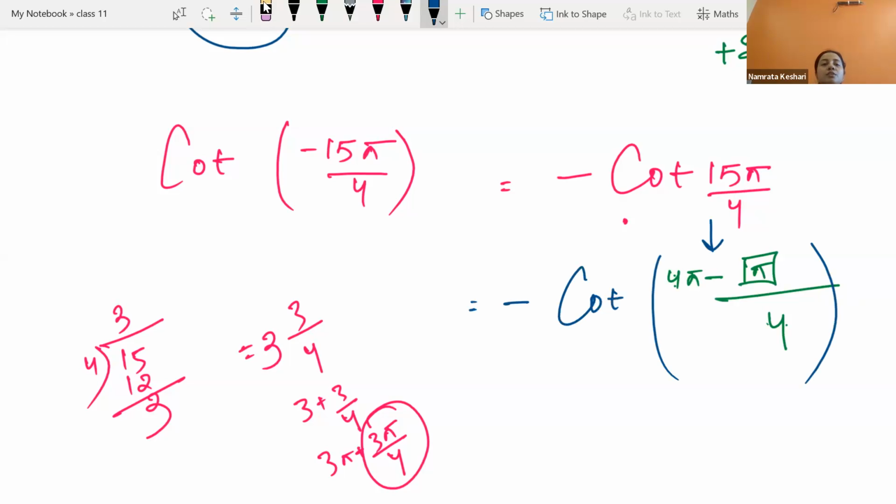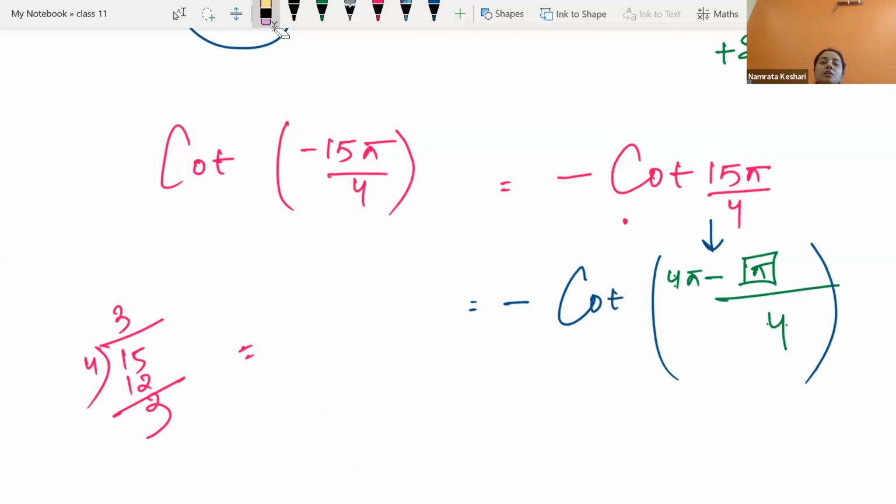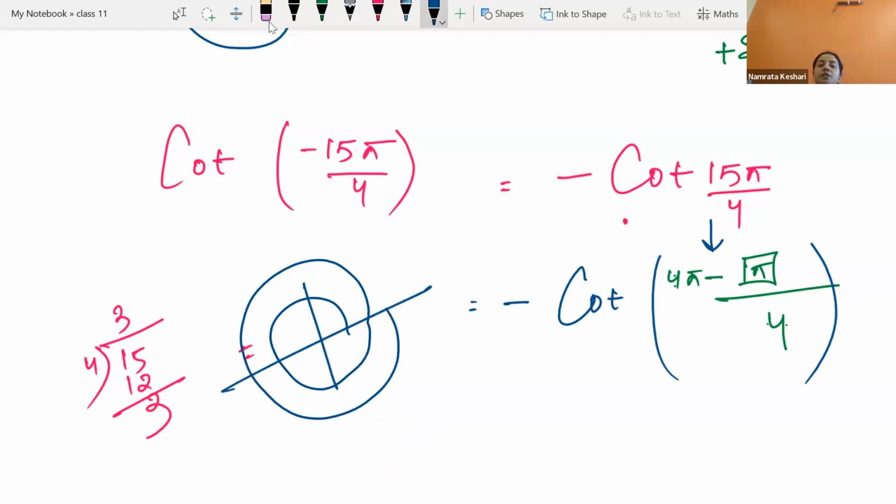Okay, now again I will show you, 4 pi is 2 complete revolution, and then minus pi by 4. Again in the fourth quadrant. 1 complete revolution, 2 complete revolution. But we have gone very far. We will come back. Okay, and here we will be having the angle.